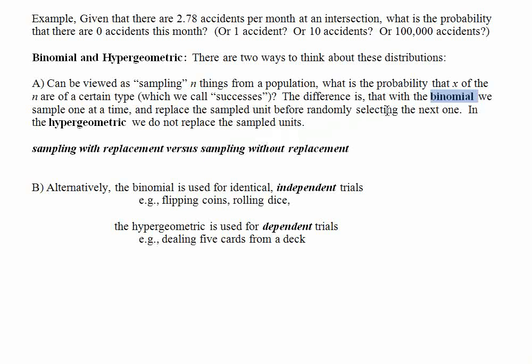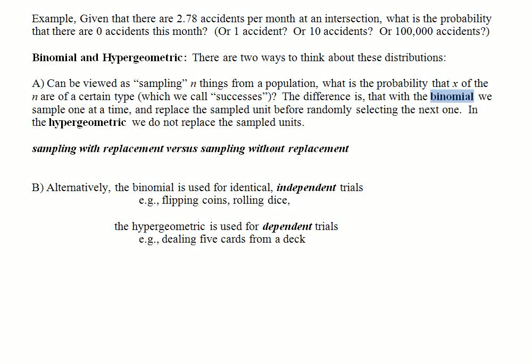Well, in the binomial situation, if you pull out a ball, replace it, mix the balls up again, before you pull the second ball out, what you're doing is you're keeping the probabilities the same. Each time you pull a ball out, you replace it. So you're not changing the number of white and black balls in the bucket. So you're keeping the probabilities the same. Every time you draw, it's exactly the same as the last time you drew a ball out.